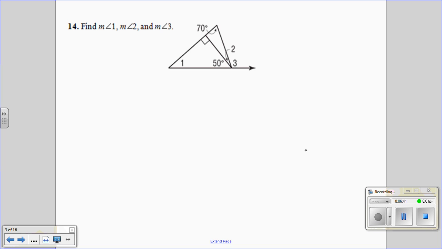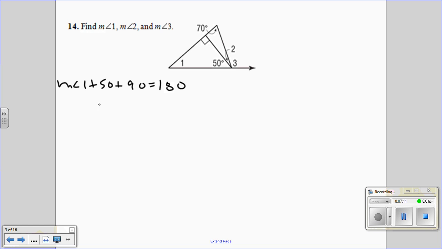On number 14, it wants us to find the measure of all 3 angles. The first one I would find is angle 1. I know that angle 1 plus 50 plus 90 is equal to 180. I could combine 50 and 90, so I would get 140.